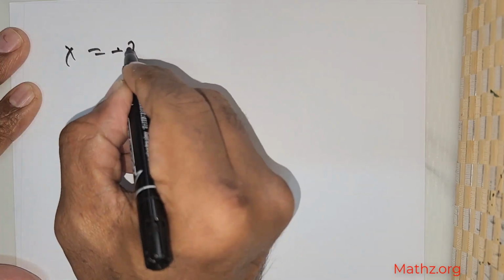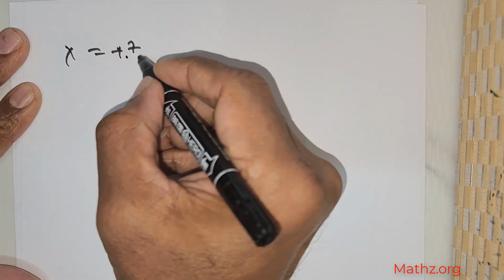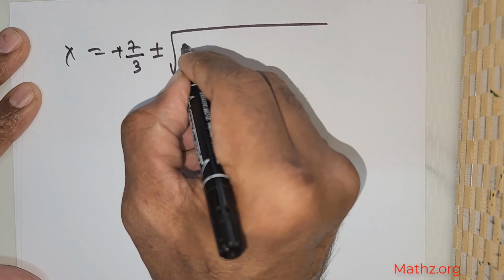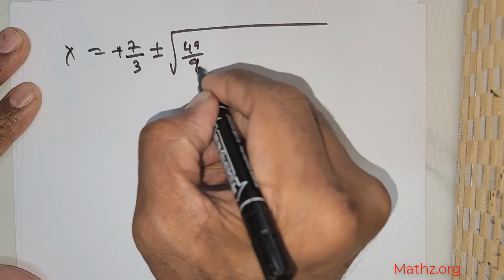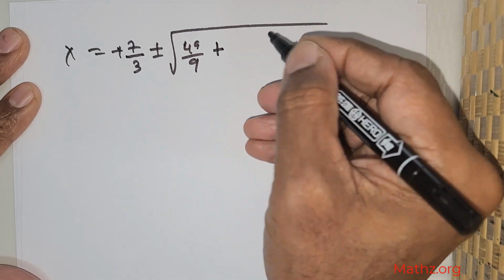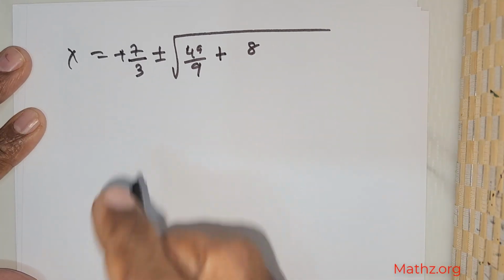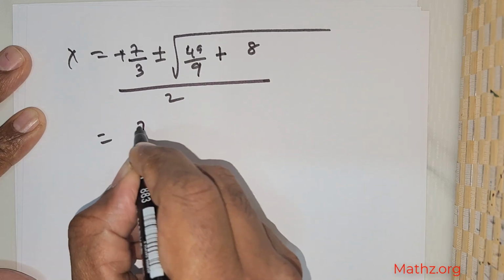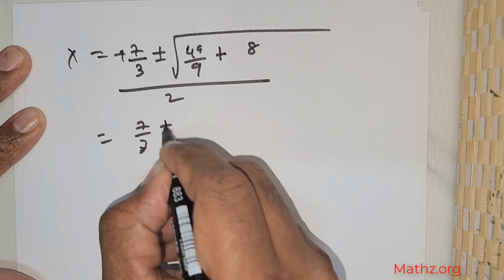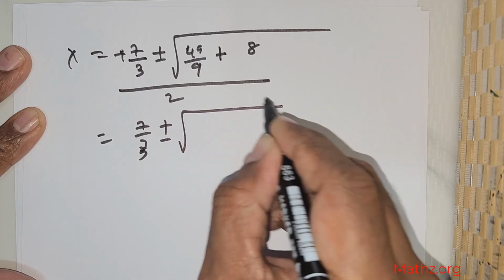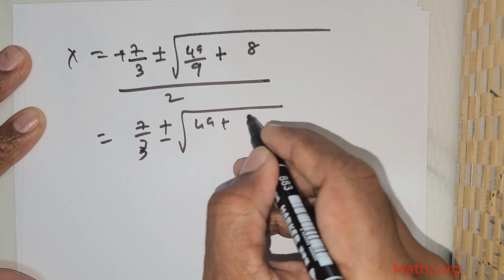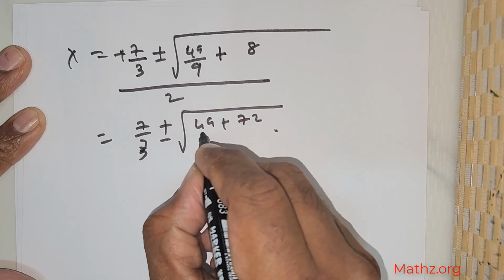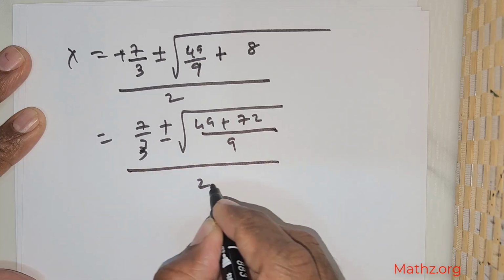I get x is equal to, negative of negative, it's positive 7/3 plus or minus root of 49/9 + 8, divided by 2. So this is equal to 7/3 plus or minus root of, 9 times 8 is 72, so 49 + 72 over 9, divided by 2.